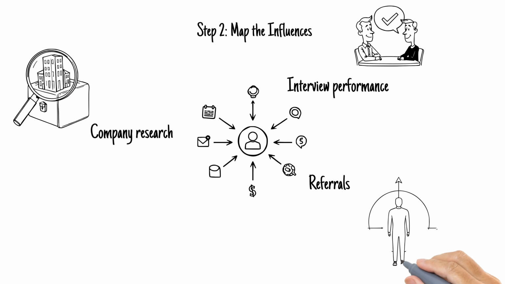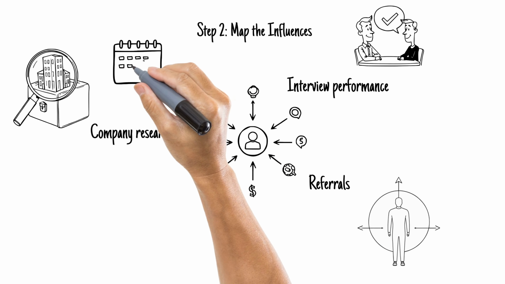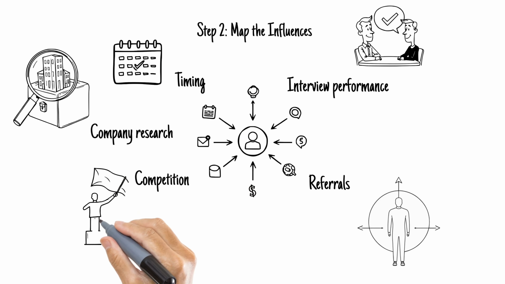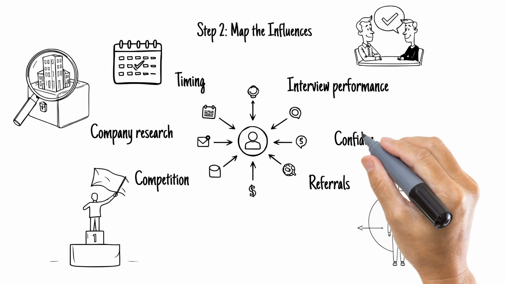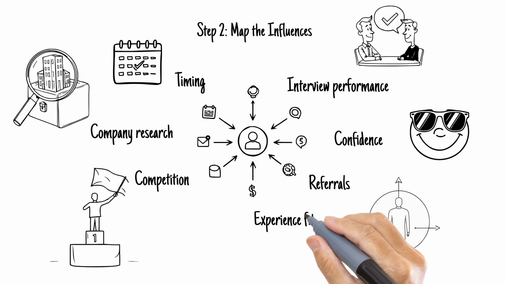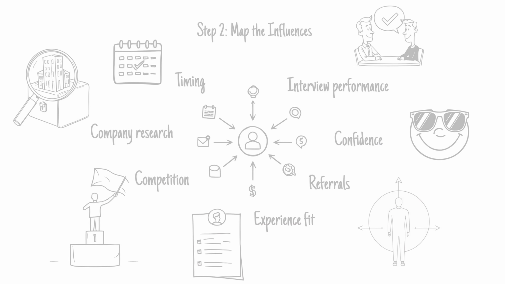Were you referred, or how did you get that first interview or conversation? Is it the right time for the company to hire you? Are you the best, most qualified candidate of the candidates that the company is looking at? Do you have the confidence and experience to really stand out? These are all of the things that are being evaluated when you're in an interview.